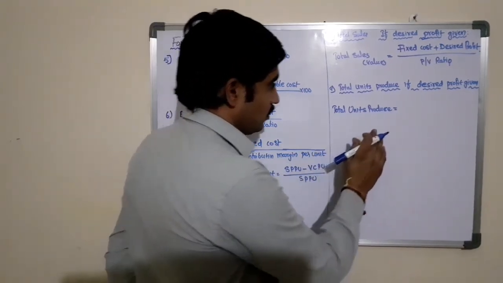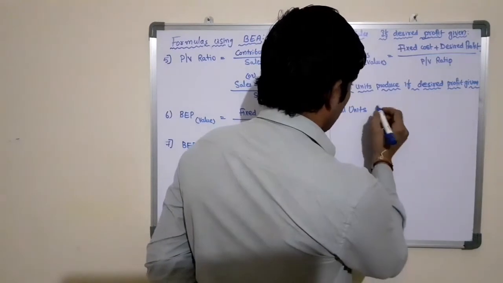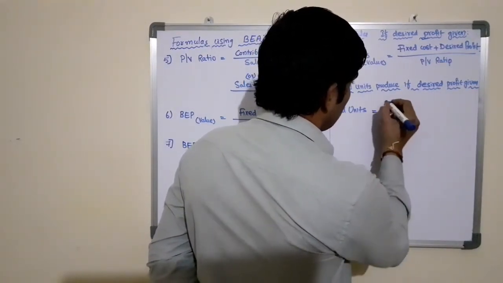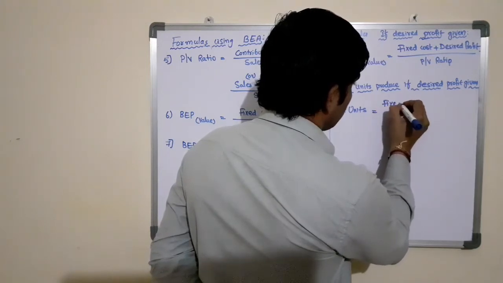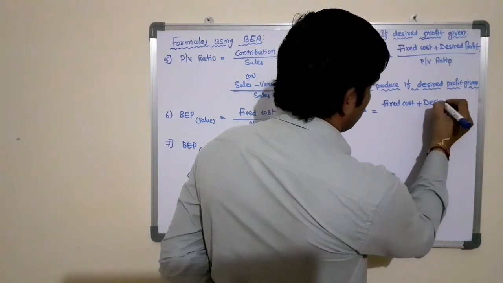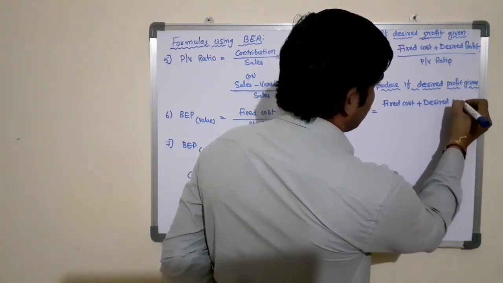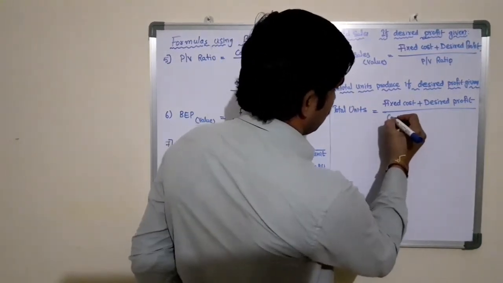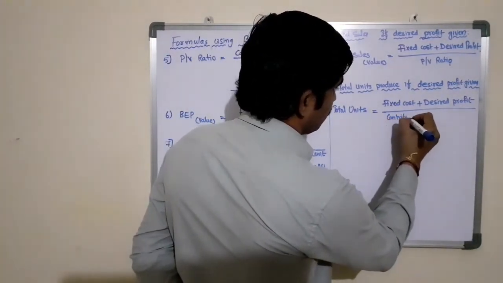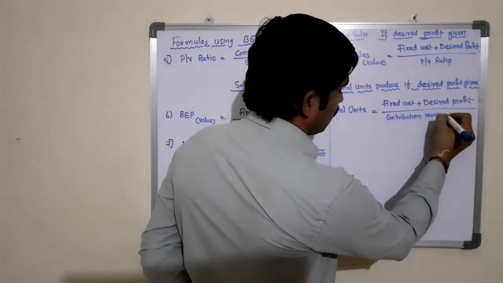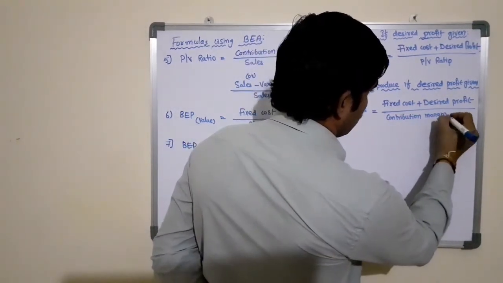So total number of units equal fixed cost plus desired profit by contribution margin per unit.